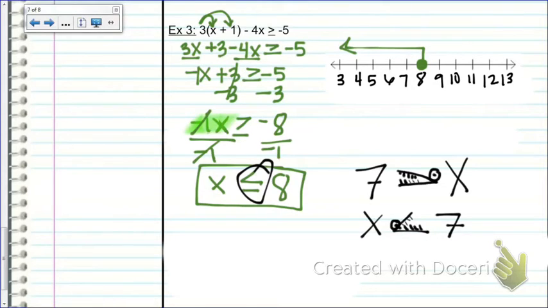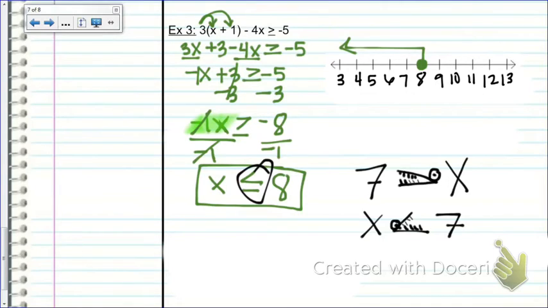Does that make sense? So I always suggest that we get x on the left-hand side because it just makes more sense to read it that way. X is less than 7 is a lot easier to understand than 7 is greater than x. You see what I'm saying? That's just something I want you to be aware of for your number sense understanding of inequalities.